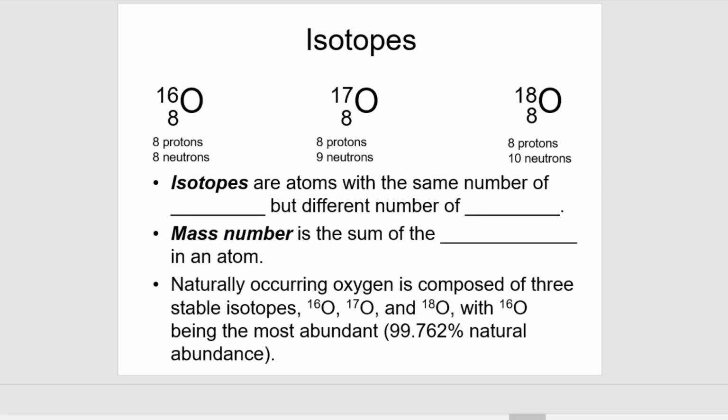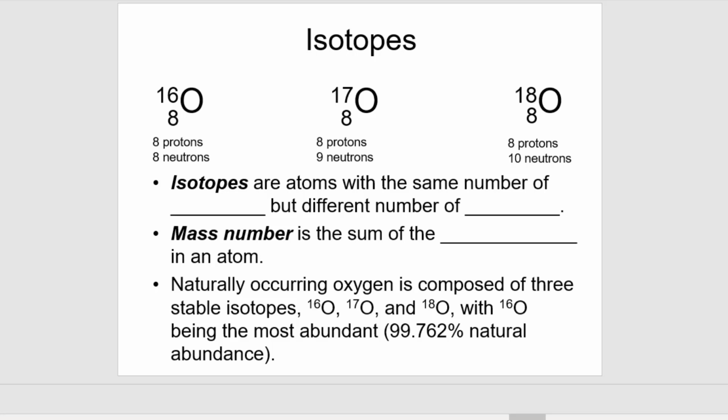Isotopes are different types of the element whereby the protons remain the same. So just remember that what makes an element, what makes oxygen, is the fact that it has 8 protons. What makes hydrogen is the fact that it has 1 proton.